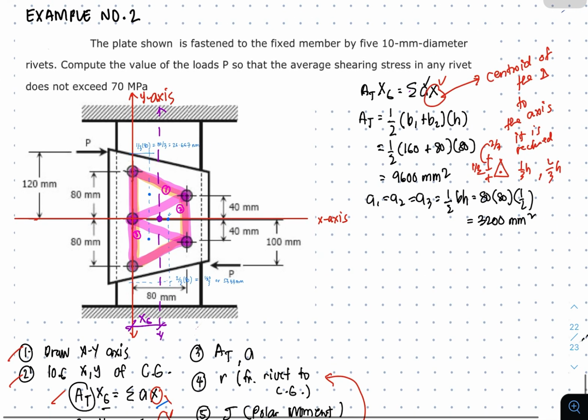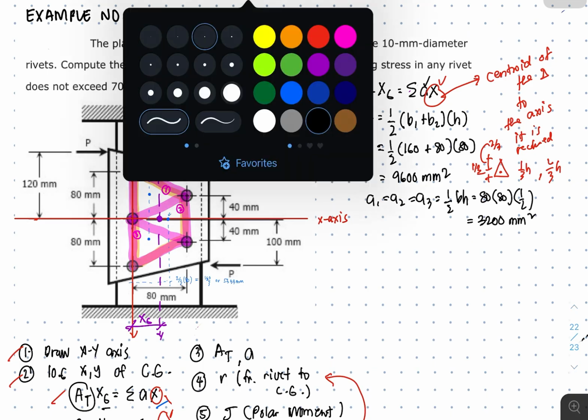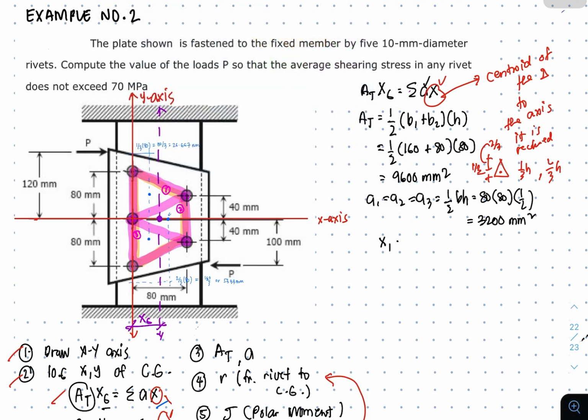So again, for our x sub 1, which is equal to x sub 3, that is 26.667 or 80 over 3 mm. And for our x sub 2, that is 160 over 3 mm.